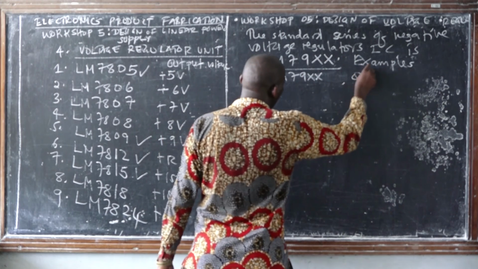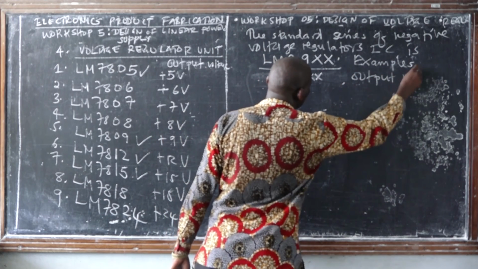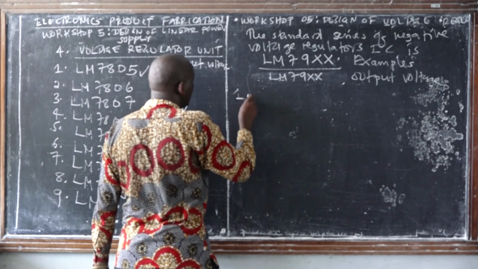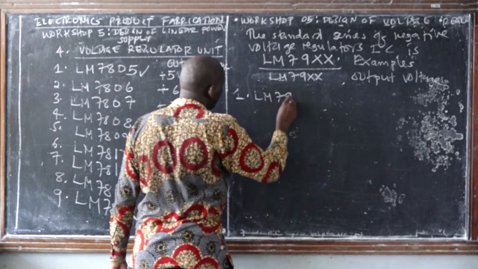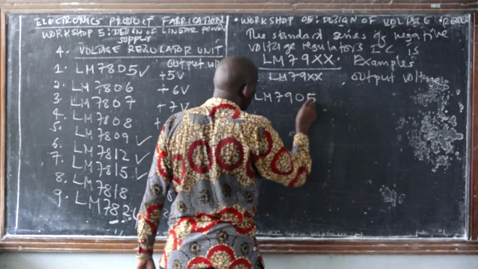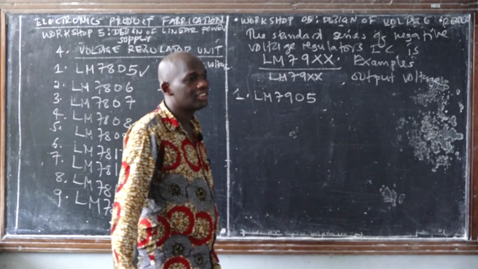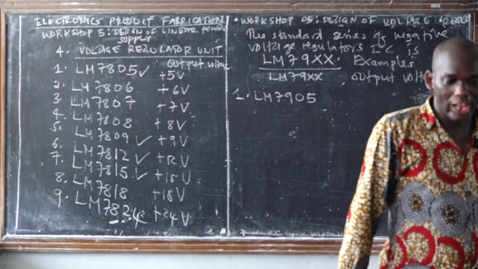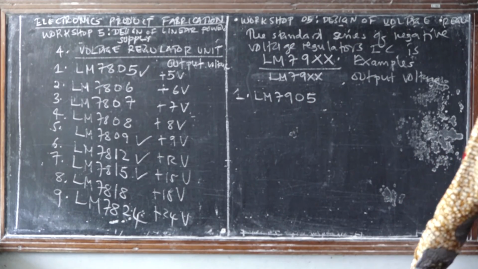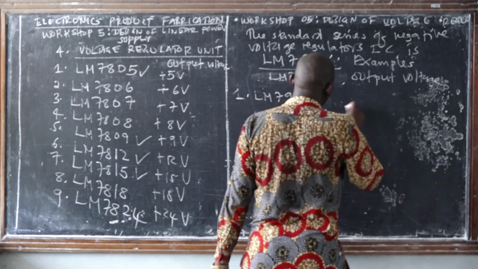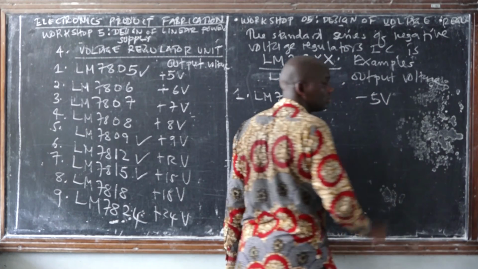So for this case, here we have LM79XX, and here we want to discuss the output voltage. We have LM79. Check your neighbor if he or she is listening. LM7905 provides negative 5 volt.